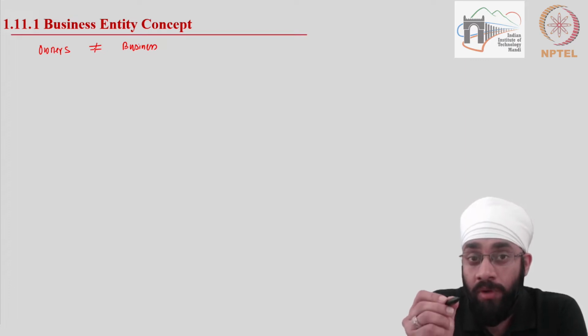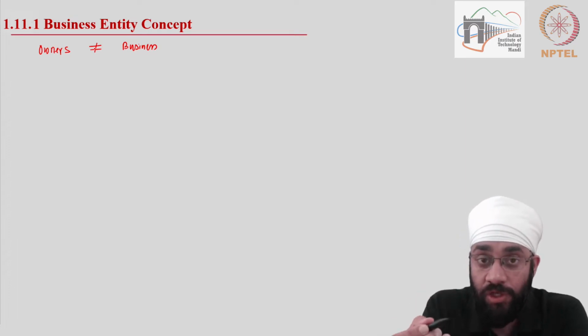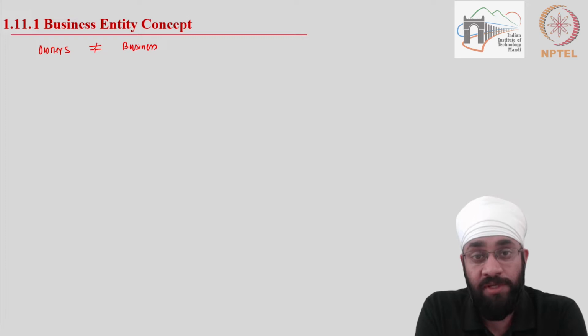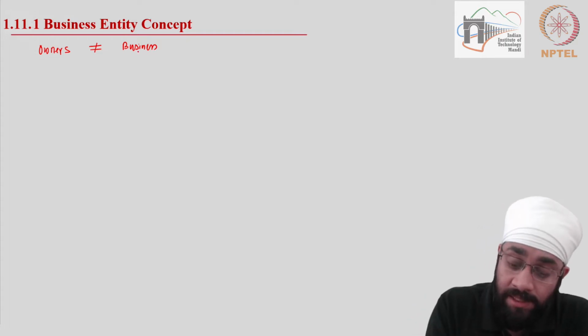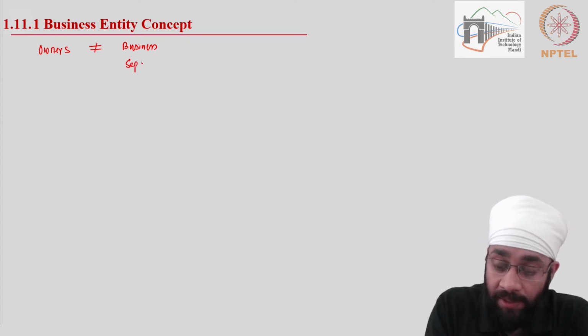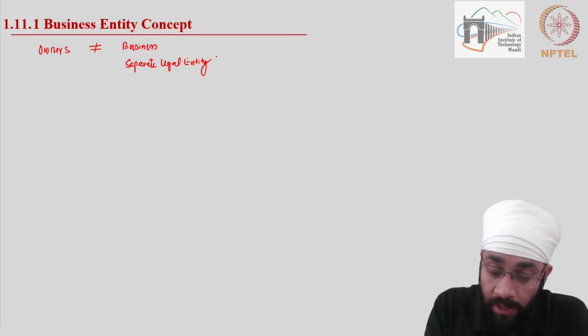We have to create a clear distinction between owners' transactions and businesses' transactions. You cannot mix the two. The business is a separate legal entity, and hence the name business entity principle.